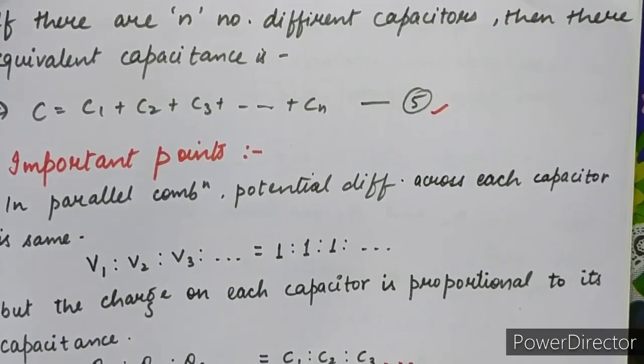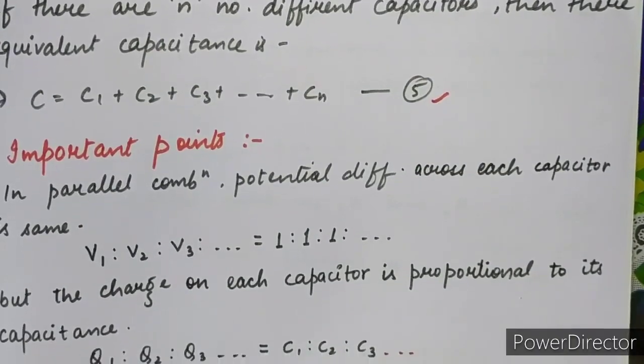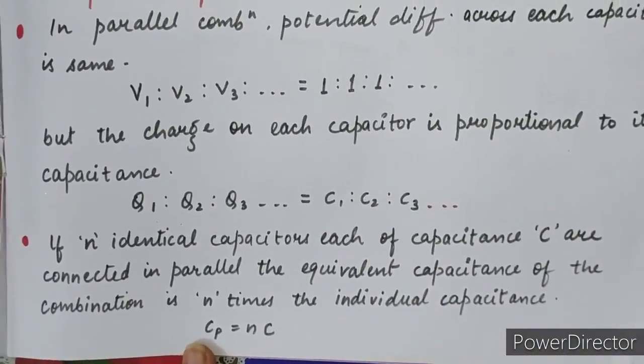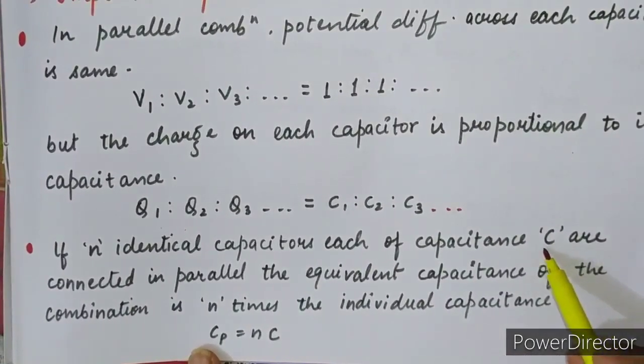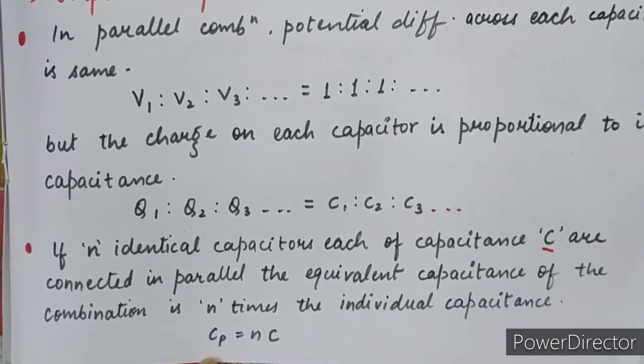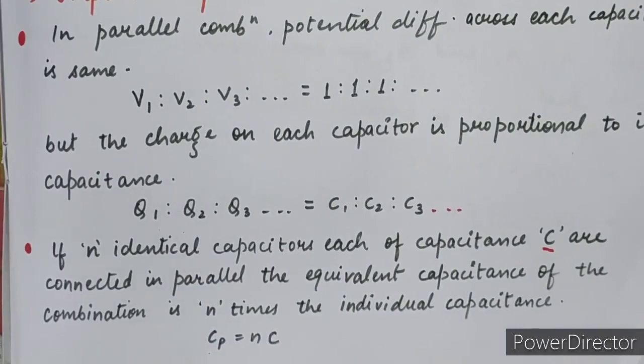If n capacitors are connected in parallel and each has a value C, meaning all the capacitances are equal, then their equivalent capacitance is Cp equals nC. That will be the equivalent capacitance if n identical capacitors, each of capacitance C, are connected in a parallel combination.